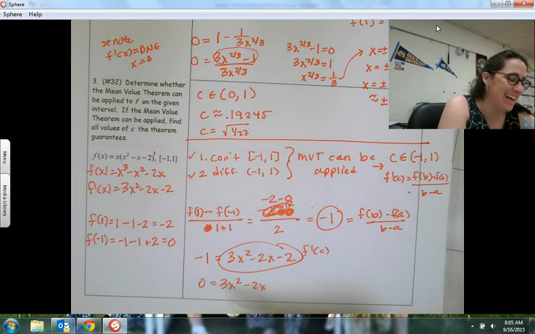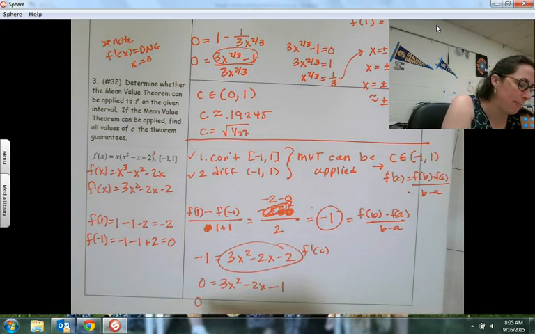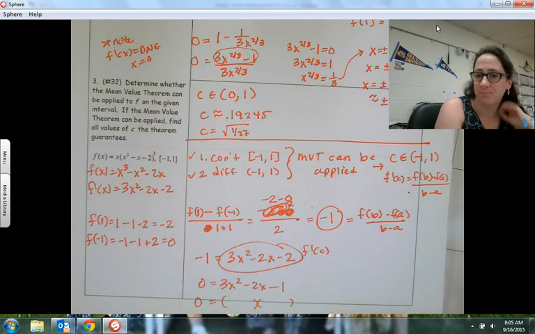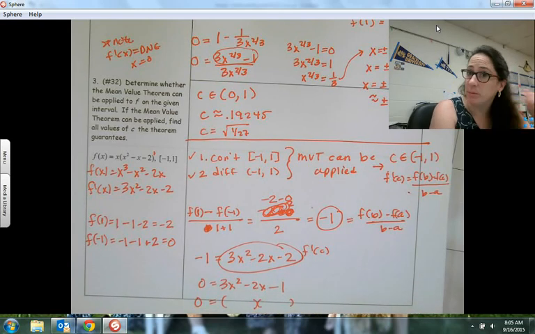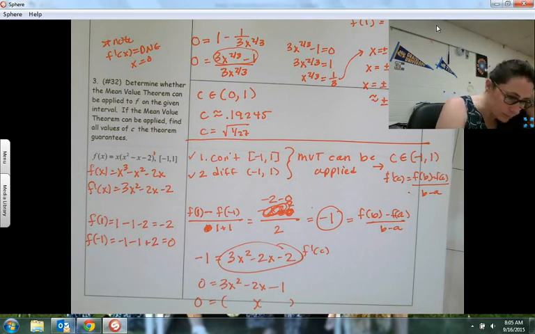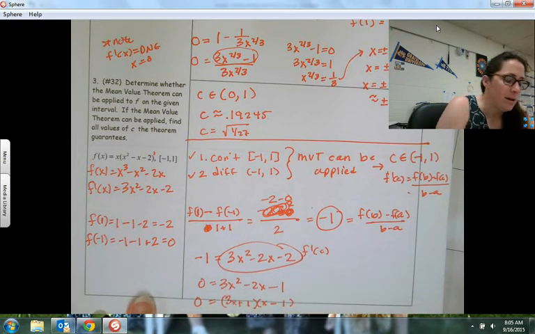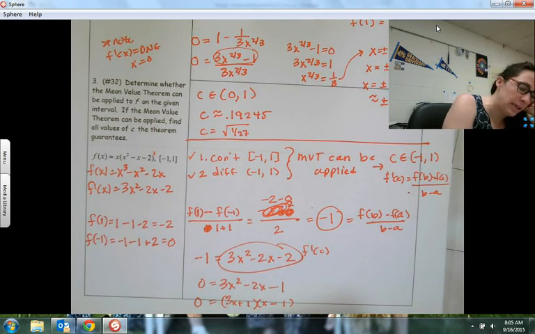Alright, so add 1, so that's -1. Go ahead and factor that. If factorable, if not, we'll have to use our quadratic formula. Okay, so let's see, that'd be 3x, I'm going to have 1 and 1. If I want a -2, that one's minus, that one's plus. Okay, so x is going to be 1 and -1/3.